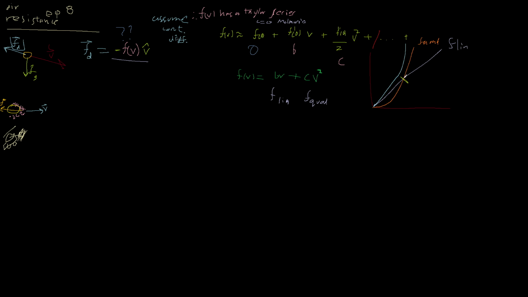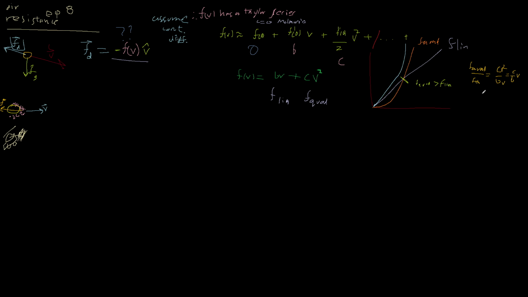There's some sort of cutoff where F quad becomes significantly stronger than F linear. And if you remember, this is a function of velocity. So F quad over F lin is cv squared over bv, which equals c over b times v.